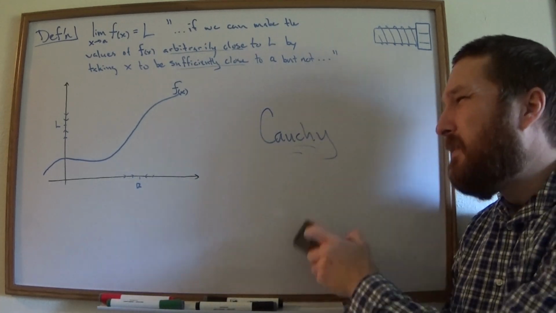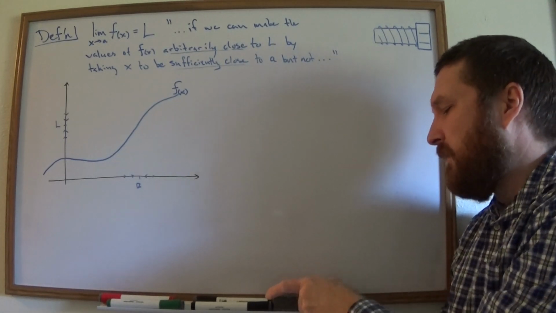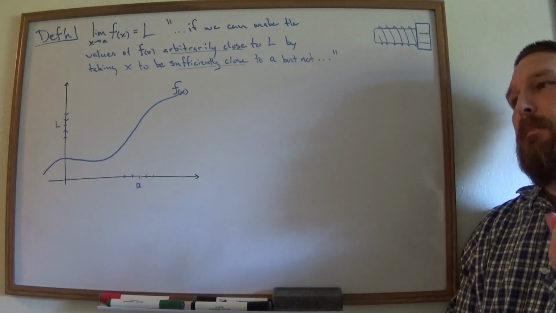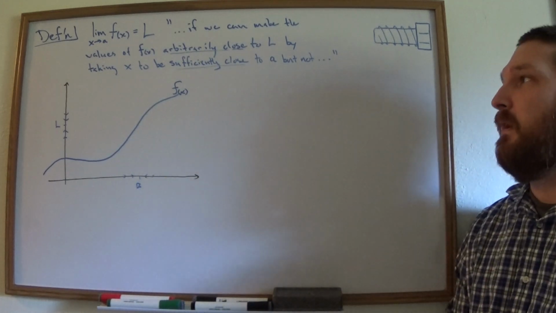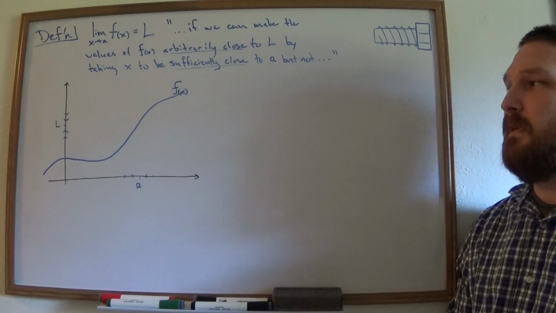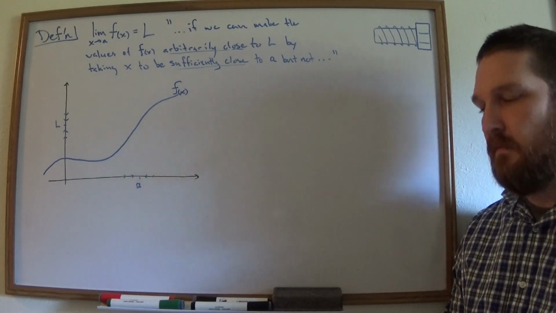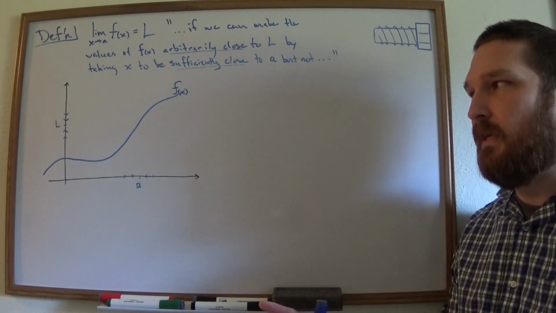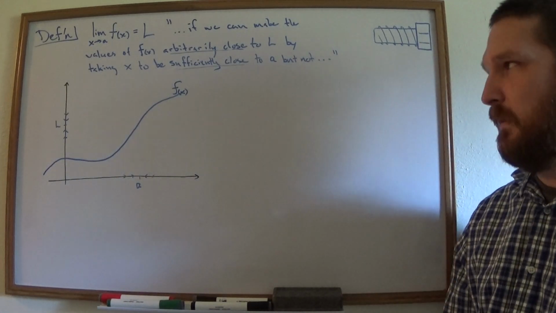I don't know if he invented it, or if it was him and others, but it was around the time of Cauchy that the rigorous definition of a limit came into being. It turns out that with this new definition you could do amazing things, and it takes all of the ambiguity out of questions like: what do you mean by arbitrarily close? What do you mean by sufficiently close?